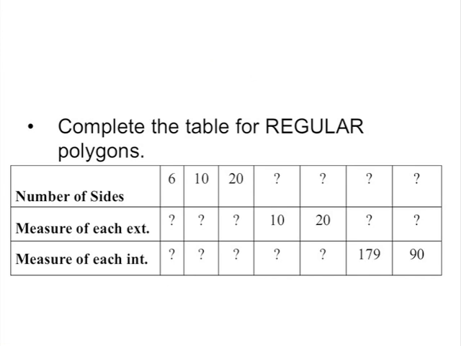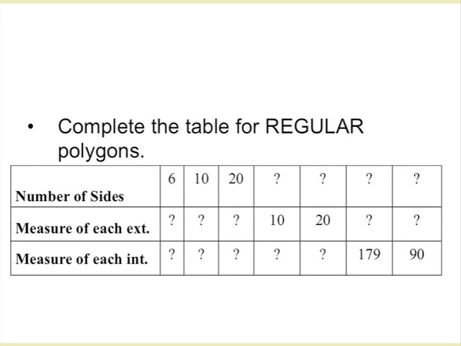For the next one, we have a chart, and we're told that these are for regular polygons. That means every inside angle should be the same size, and also every outside angle should be the same size. So it wants us to find the measure of each interior and exterior, not the total sum, but we will use those formulas here.